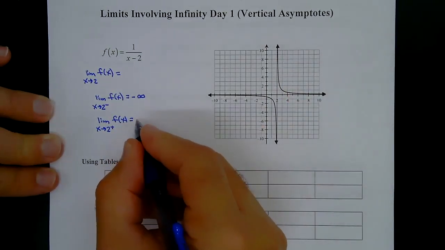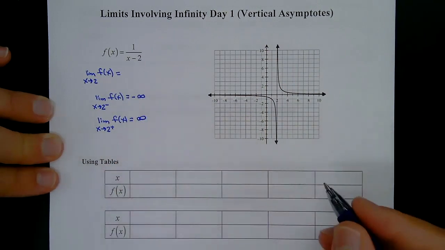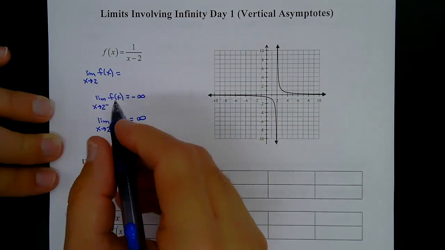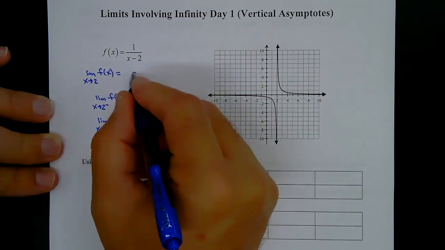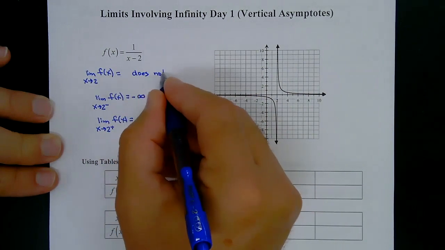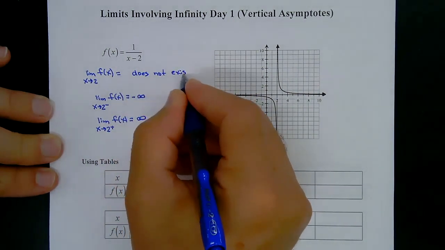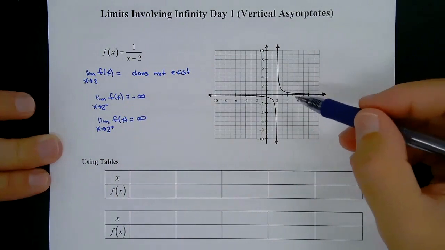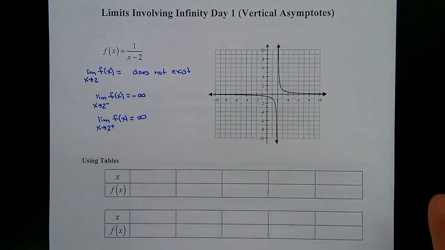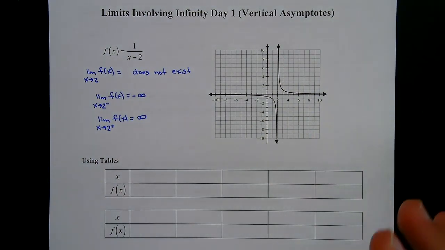So this is equal to positive infinity, okay? Neither one of these exists as a number, so the two-sided limit can't exist. So what we would say is this limit does not exist. And we can look at the graph and tell, but we don't always have a graph to look at, okay? It's great if we do, we can read it, right? But what if you don't, okay?